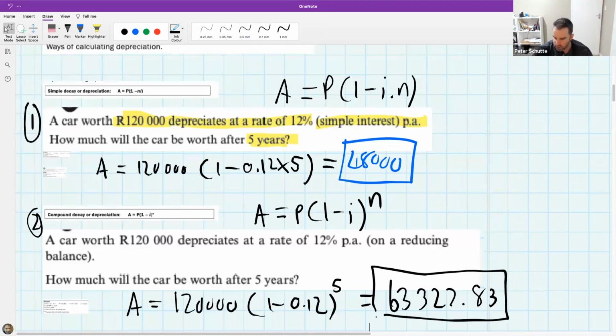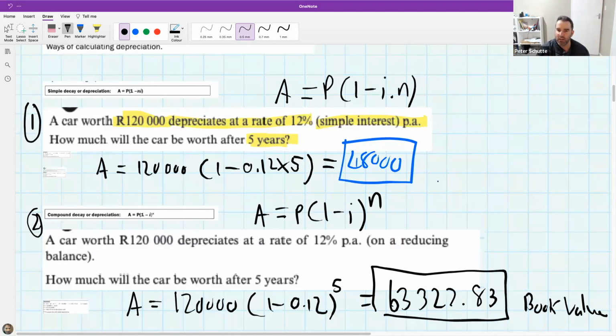Now, what's interesting is that if we look at how much the car is worth, we talk about how much the car is worth. It's another accounting term. We say the book value of the car in the second method is 63,327.